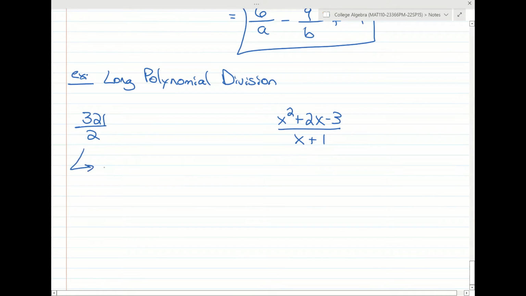This first example, we're going to write 2 divided into 321. In this example, we're going to write x plus 1 divided into x squared plus 2x minus 3.